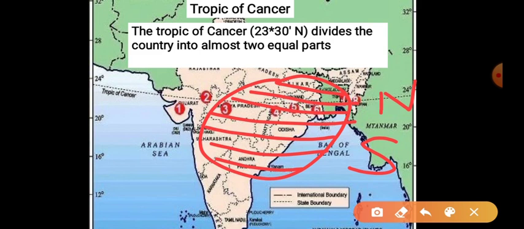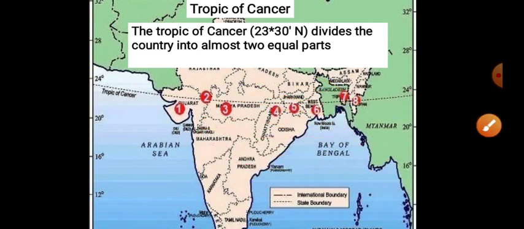As we know, India lies entirely in the northern hemisphere, so all the latitudes which fall on India are represented by N. That's why the latitudinal extent 8 degree 4 minute north to 37 degree 6 minute north is represented.